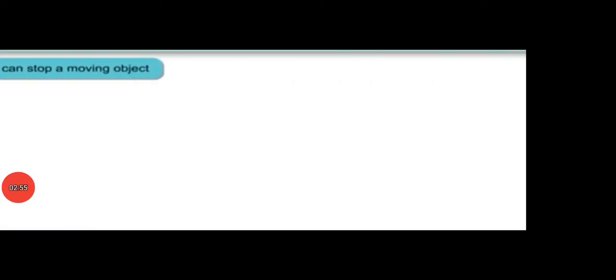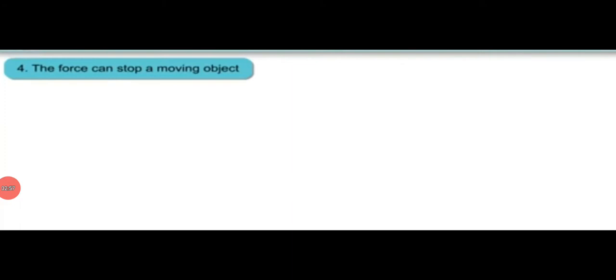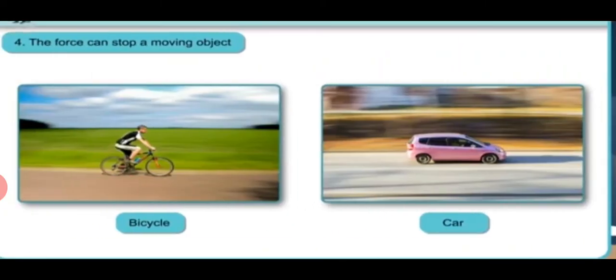Number 4. The force can stop a moving object if it is applied in the direction opposite to the motion. Here you can see bicycle and car can be stopped using brake, or a football being stopped by a goalkeeper.